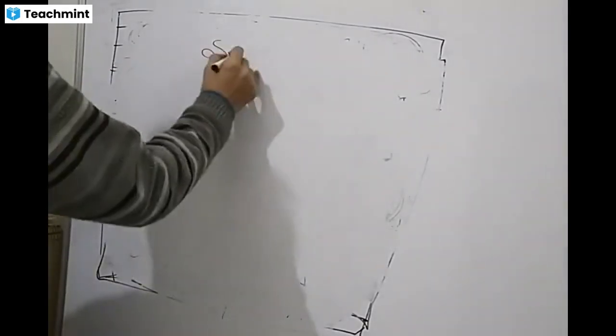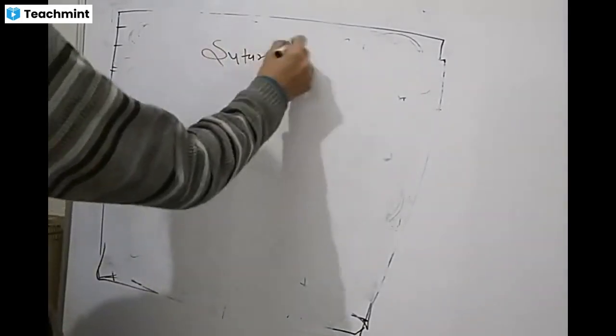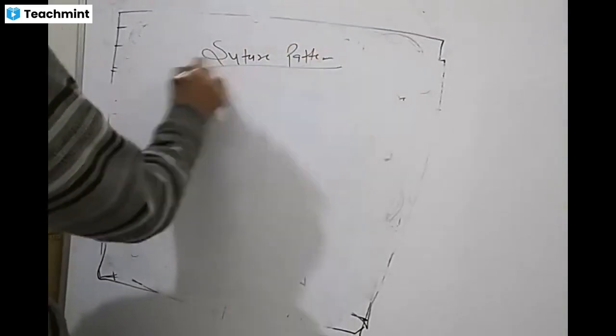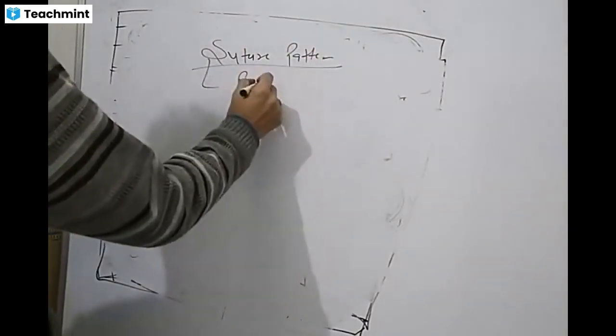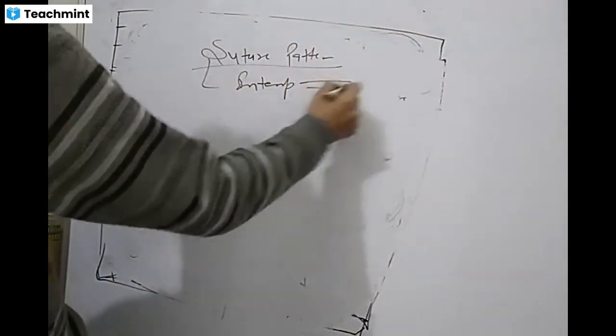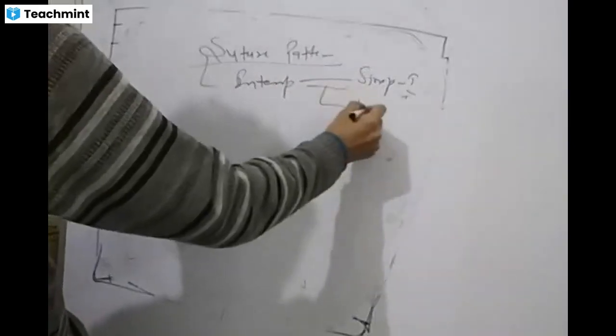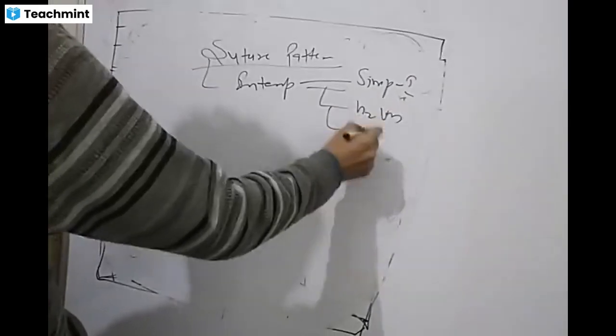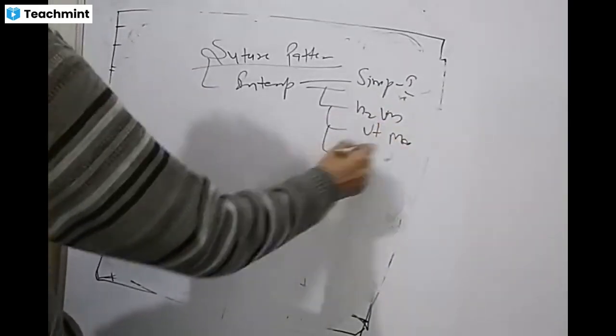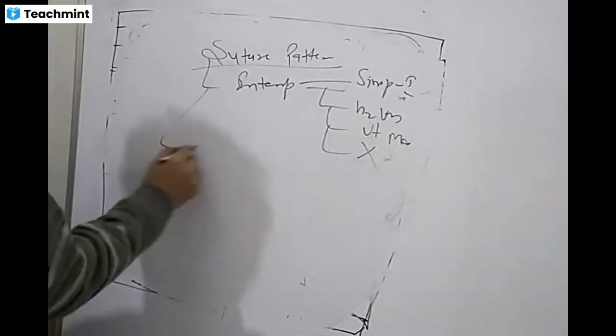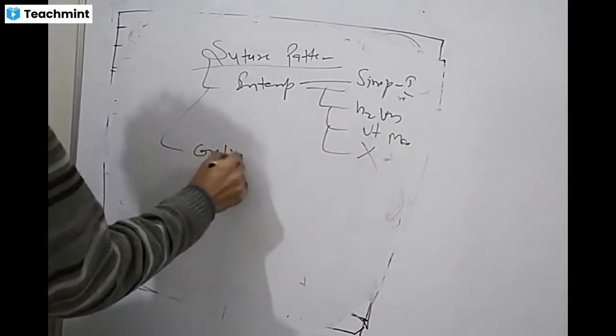So in this lecture, we have seen suture patterns. Interrupted was simple interrupted, horizontal mattress, vertical mattress, and cross mattress. Then we saw continuous patterns.